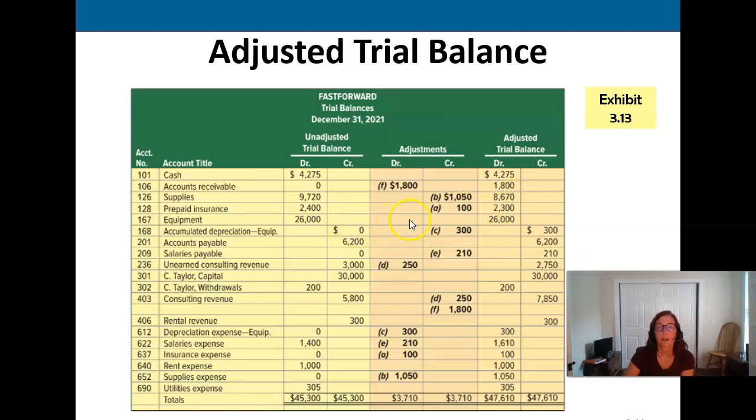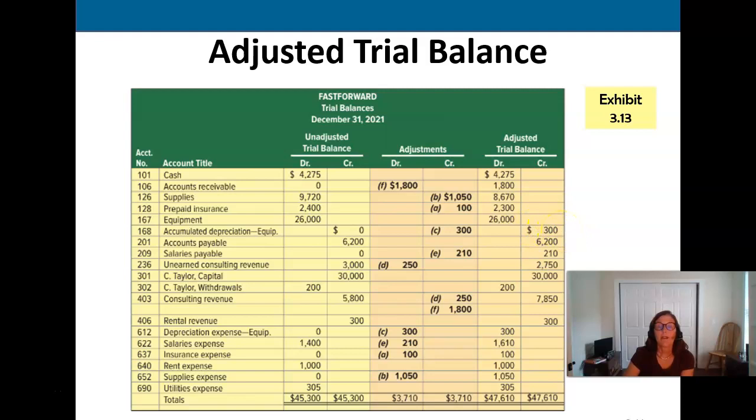Now remember, we had some depreciation recorded, but we didn't record that to the equipment account itself. We have its little companion contra account of accumulated depreciation, where that $300 credit's going to get recorded and then just transferred over here.